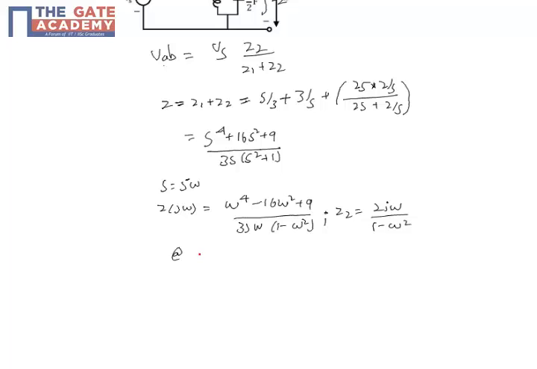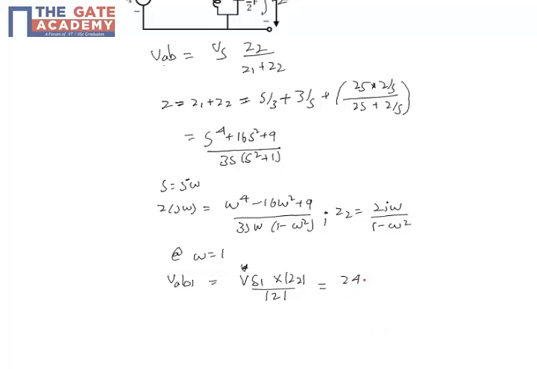Now at omega equal to 1, that is corresponding to one component which is having a frequency of 1, in that case, VAB1 will be equal to VS1 into Z2 by Z. This holds good for either case with the two different frequencies also.